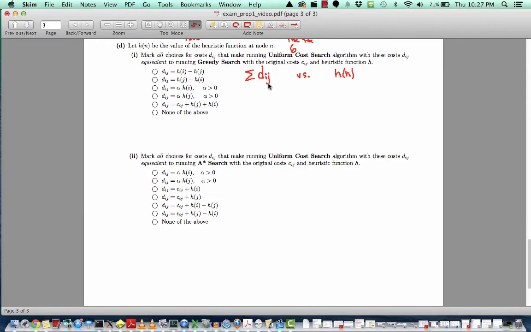So now we want to consider, when is the ordering of nodes in the fringe going to be the same under the sum of Dij versus when we use the function h of n.